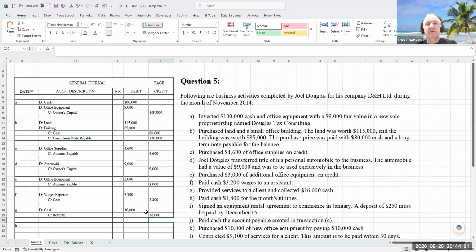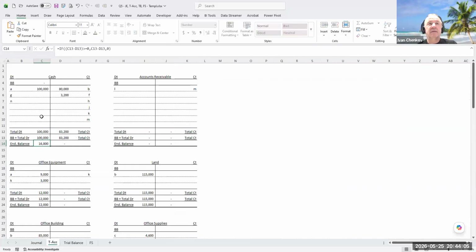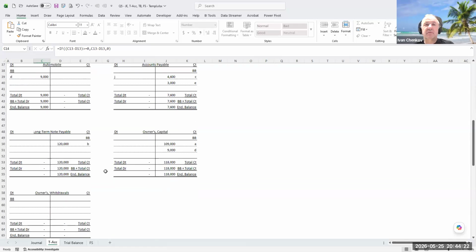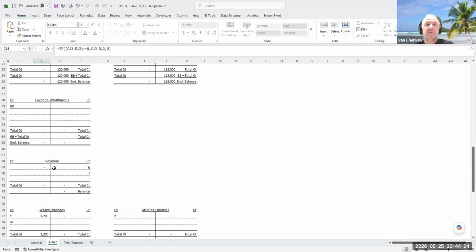Now let's transfer this transaction into the T accounts. Let's finally increase our cash, $16,000. And as you can see, the balance for our cash went up to $32,800. And let's get our revenue. Revenue here is $16,000.